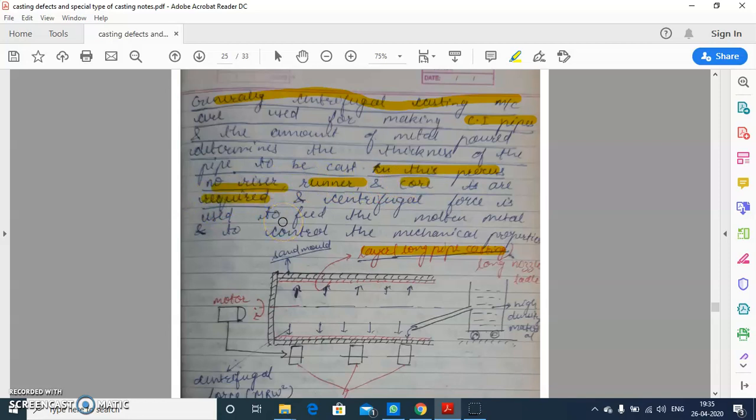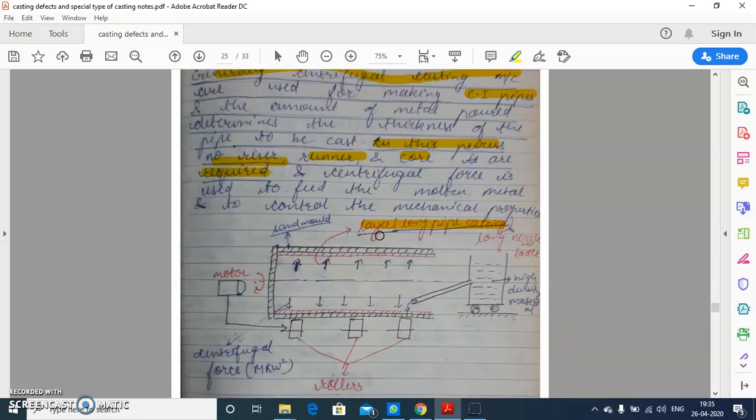As we discussed, in conventional casting we need the runner, riser and core for making the hollow product. And here in centrifugal casting there is no need of any riser, runner and core for making the product.